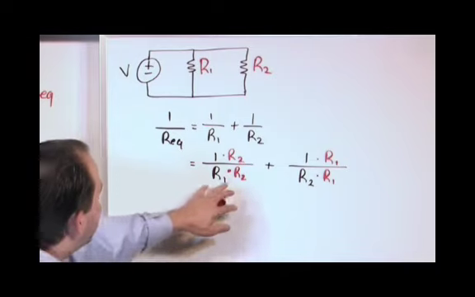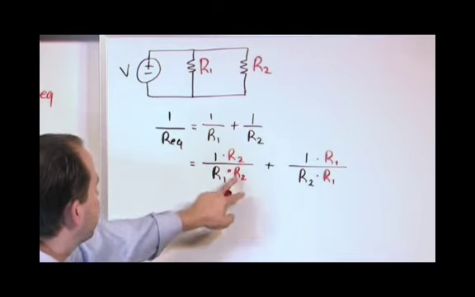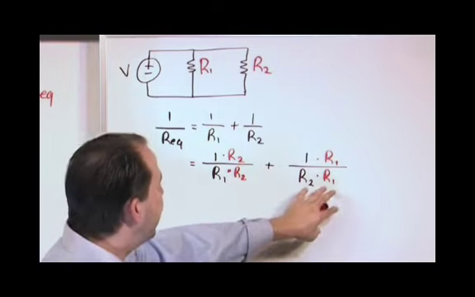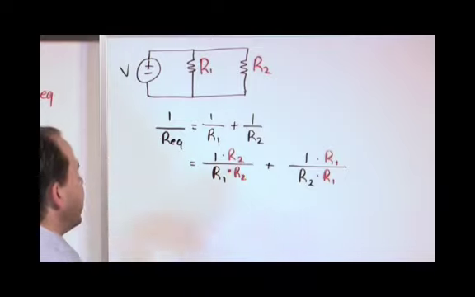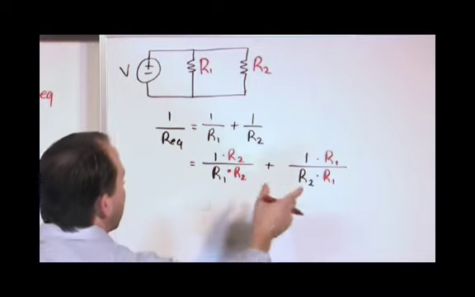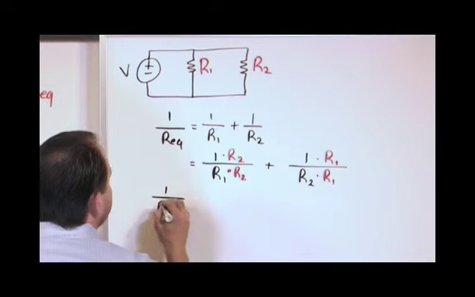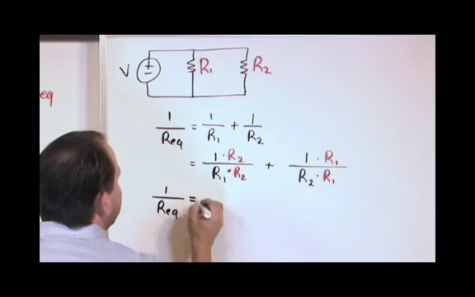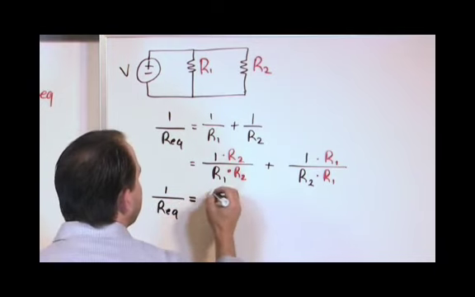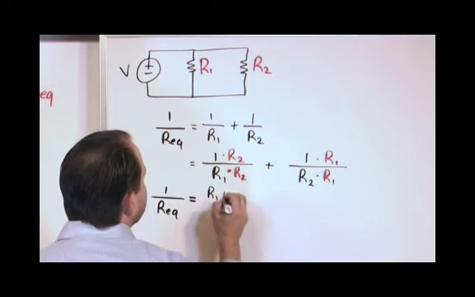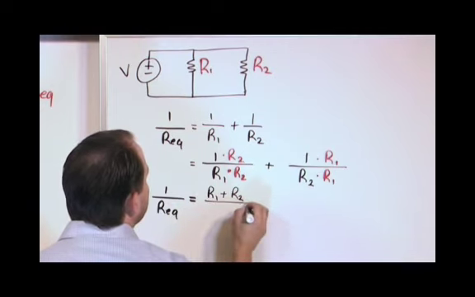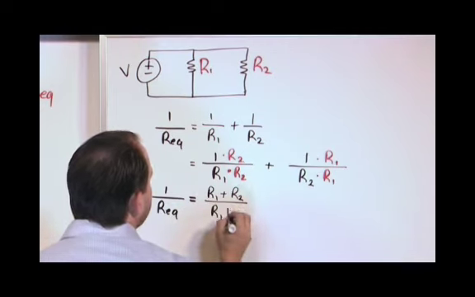I have changed nothing in either fraction, but what I get is a common denominator. The common denominator is R1 times R2. All right, so what you get is 1 over the equivalent resistance is equal to, now we can add these together, R1 plus R2 over R1 times R2.